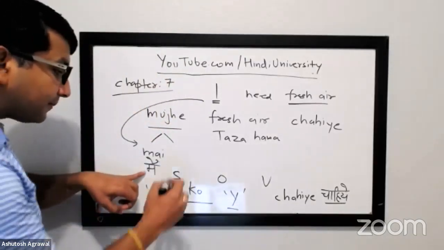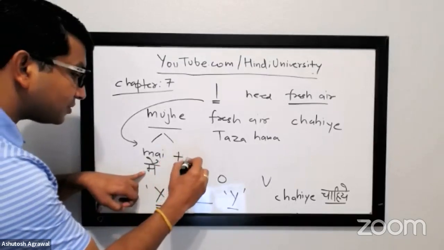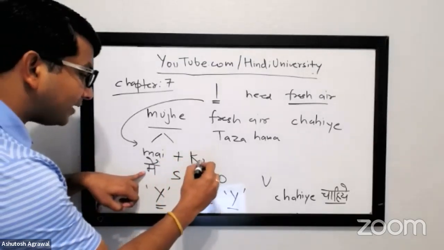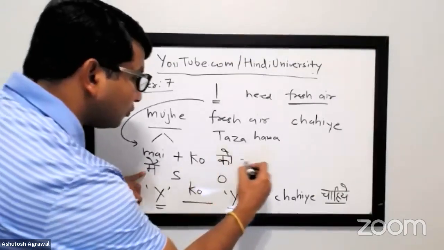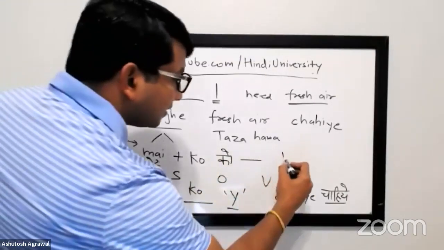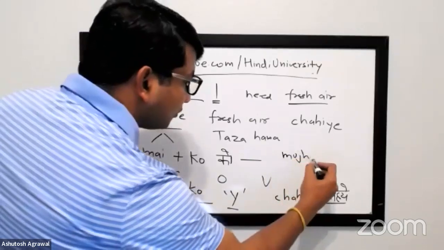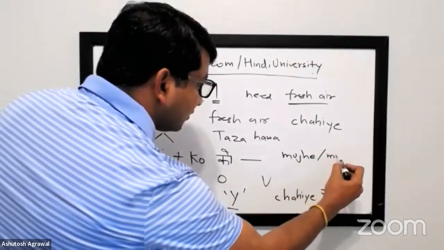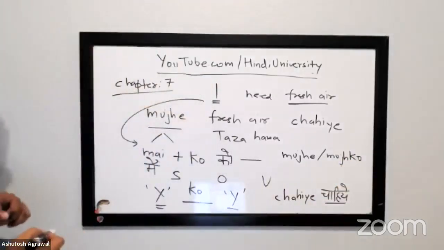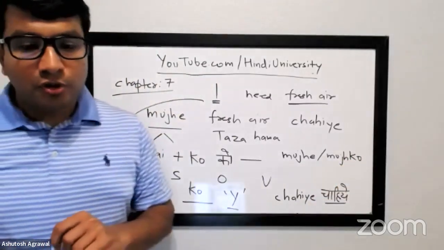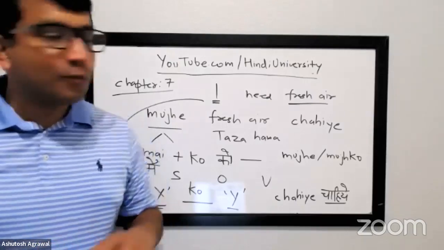But you have मैं, and now with this subject, you have to add को. And मैं plus को becomes मुझे, or you can also say मुझको, very good. You can say मुझे or मुझको. मुझको fresh air चाहिए.